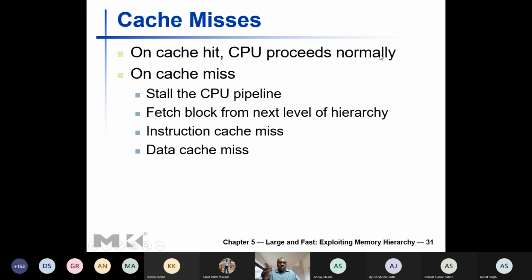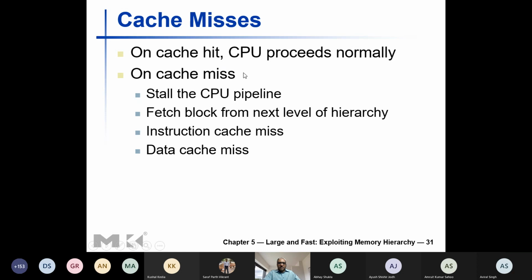That means the CPU will not stall in the pipeline, because the cache access will be within a nanosecond. If it is present in the cache, you can access it immediately and proceed to the next stage of the pipeline. So it will not affect anything at all.